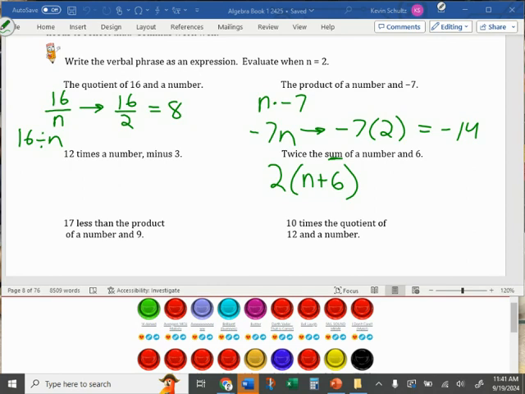So when you see these words, sum, difference, quotient, product, it means you need to get those things first. Usually, you're going to need parentheses. Okay? Anyway, this now becomes 2 times 2 plus 6, which of course equals 16. And that is your final answer. Okay?